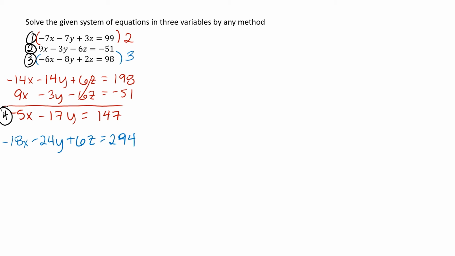From here, I'm going to just rewrite my second equation right underneath it: 9x minus 3y minus 6z equals negative 51. Cancel out my z's, and then I'm just going to add everything together, combine like terms.